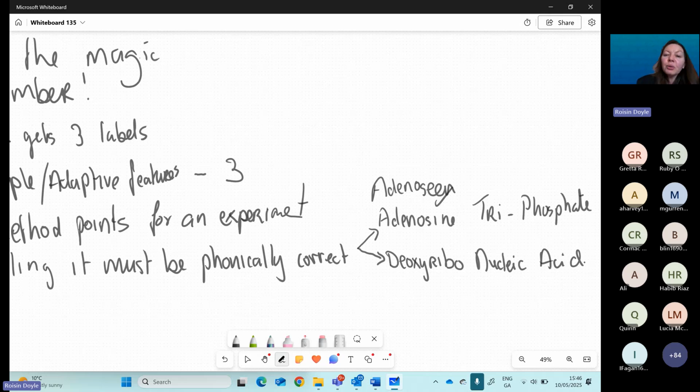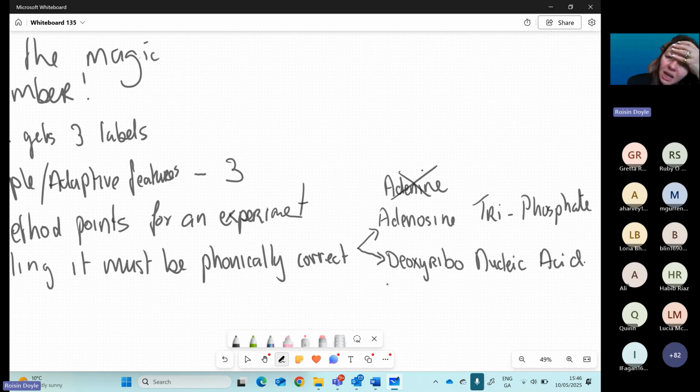However, if you misspell it, so if you wrote down adenine triphosphate instead of adenosine triphosphate, unfortunately you will get 0 marks. Adenine does not phonetically give you adenosine. So while adenine is in adenosine, no, you will not get the marks. It's adenosine triphosphate.